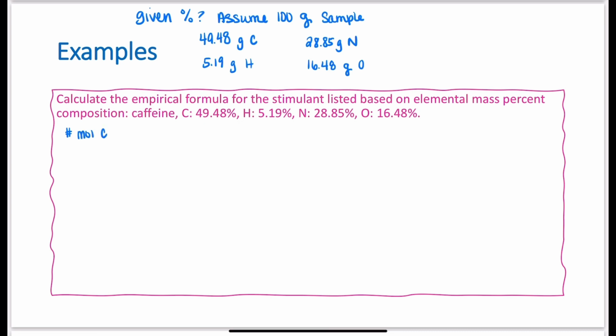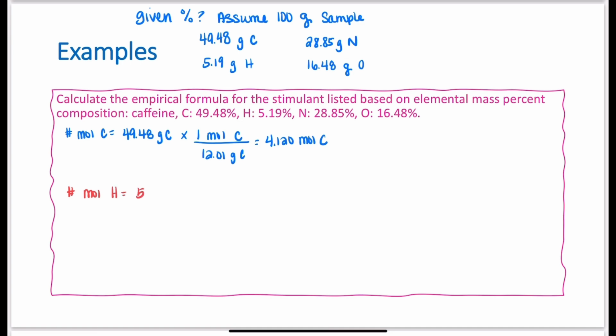So my number of moles of carbon: I have 49.48 grams of carbon. One mole of carbon is 12.01 grams. This gives me, sorry, my notes are really small, 4.120 moles of carbon. Do the same thing for hydrogen.